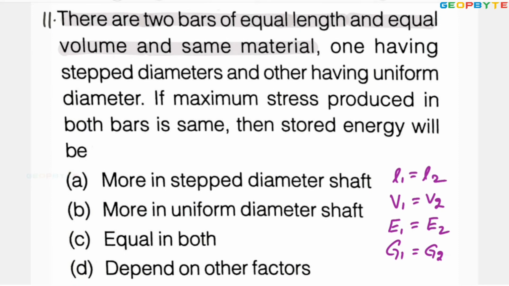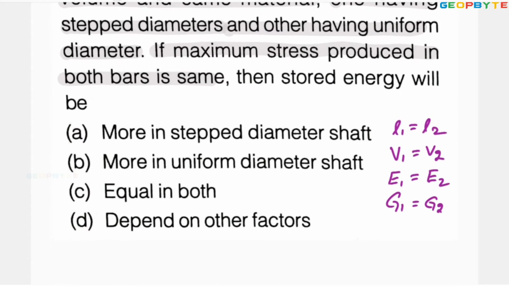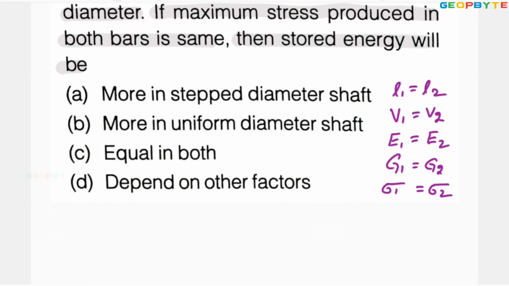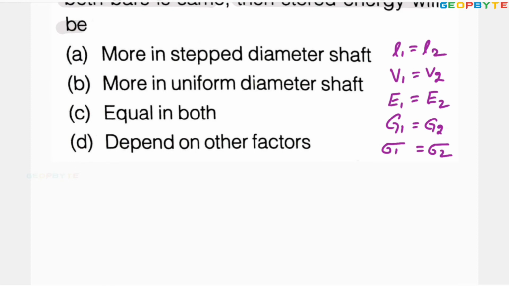One having a stepped diameter and the other having a uniform diameter. If the stress produced in both bars remains the same, it means the stress in bar 1 equal to stress in bar 2. Then you are asked to find the strain energy stored relation.